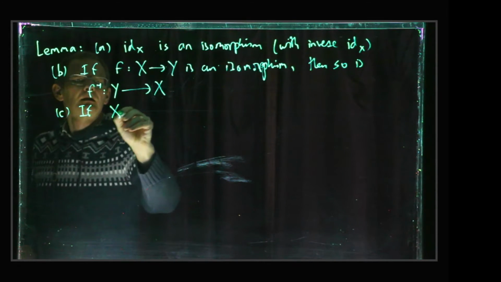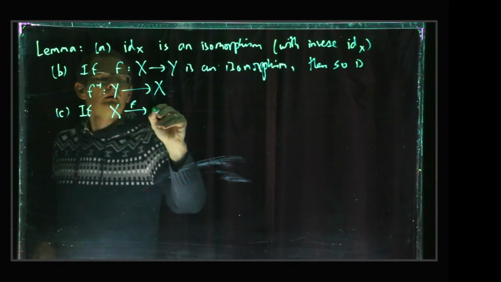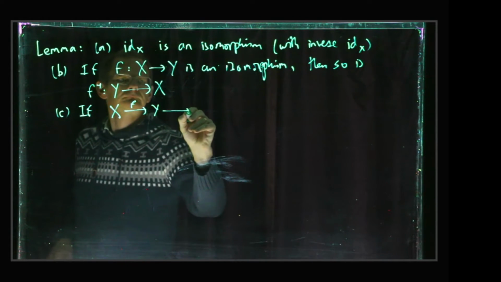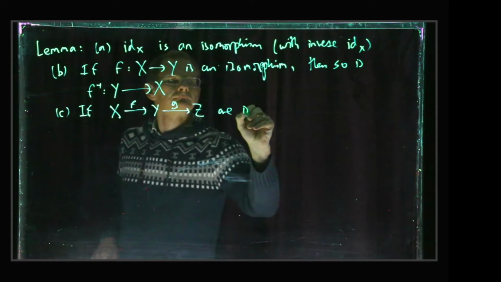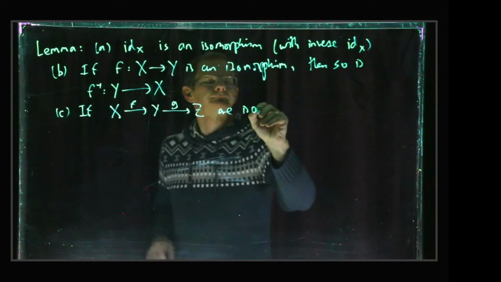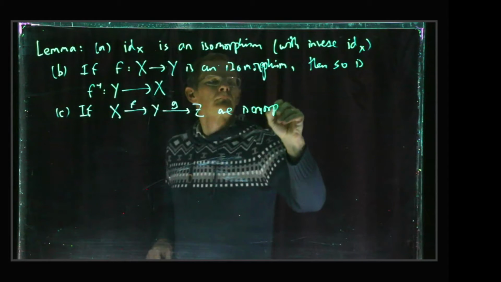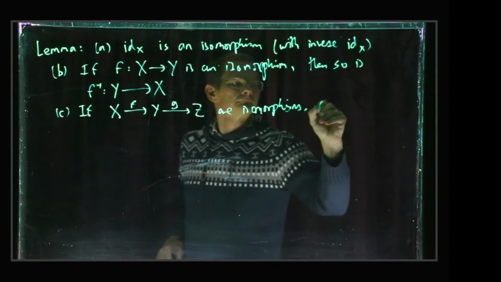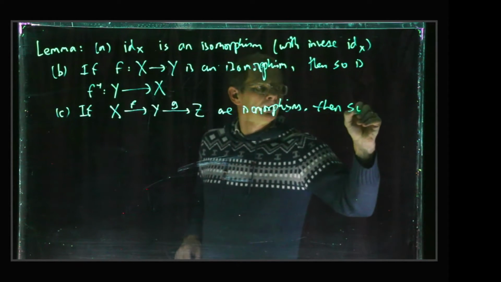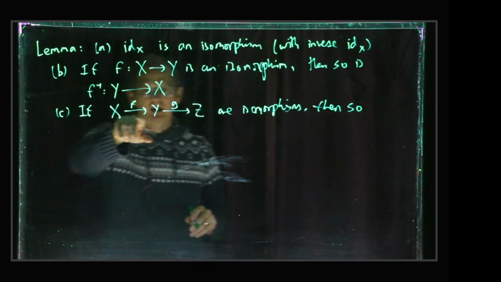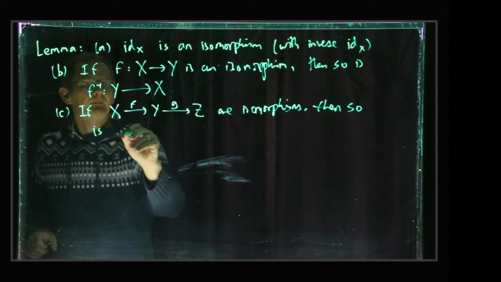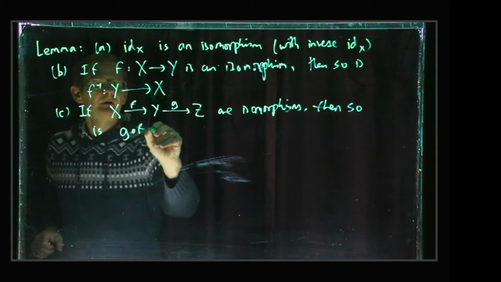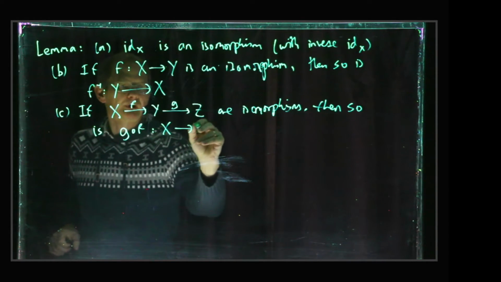Thirdly, we've got two isomorphisms, F from X to Y and G from Y to Z. And I want to claim that the composite G composed with F from X to Z is also an isomorphism.